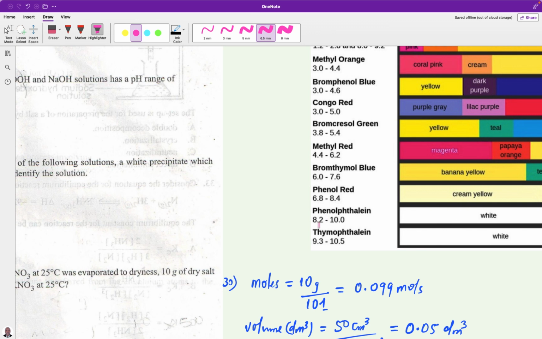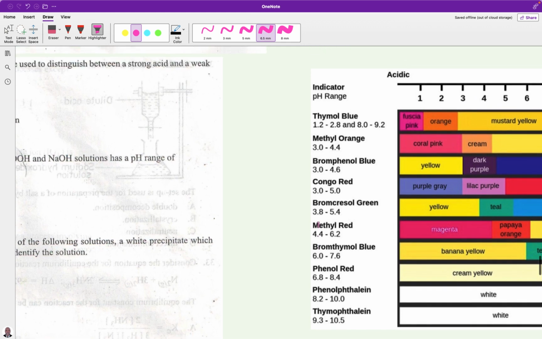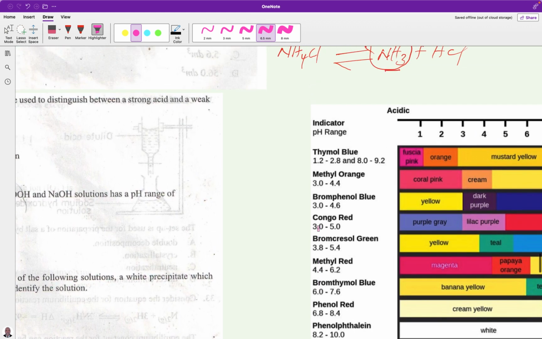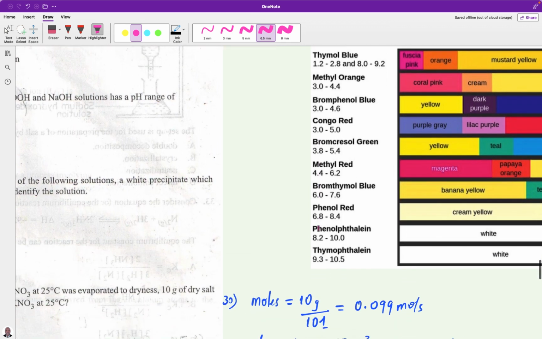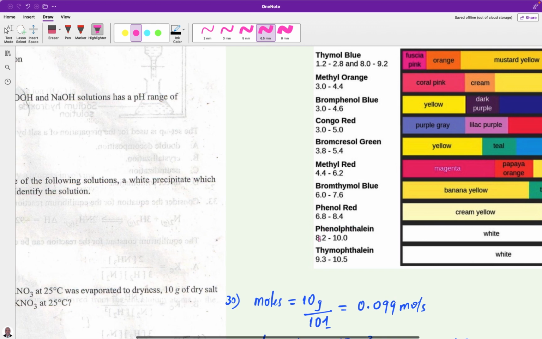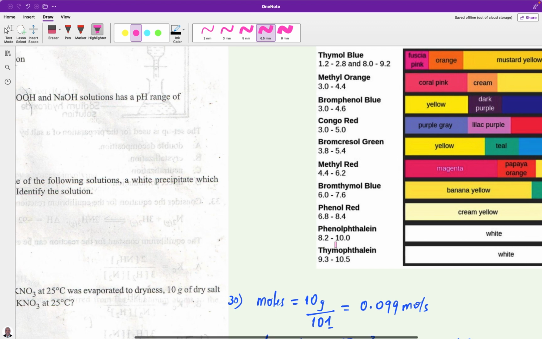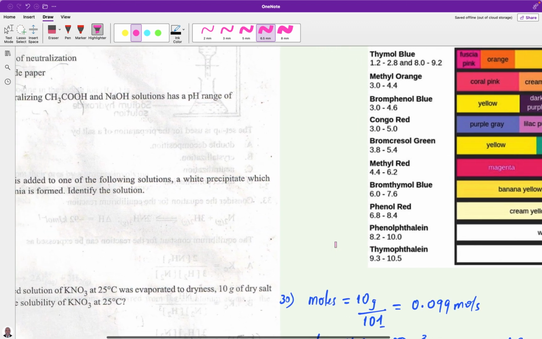The pH range for phenolphthalein indicator is 8.2 to 10. So 8.2 to 10 will be for the phenolphthalein indicator.